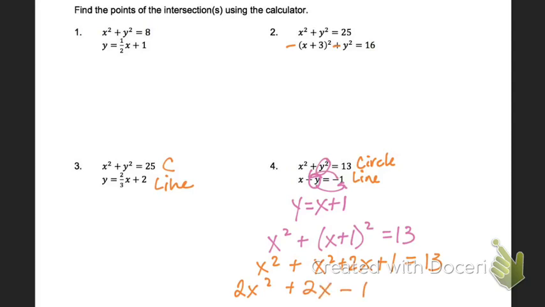You can actually take out a greatest common factor, right? And you get, I'm going to come over here. If you pull out a 2, x squared plus x minus 6.